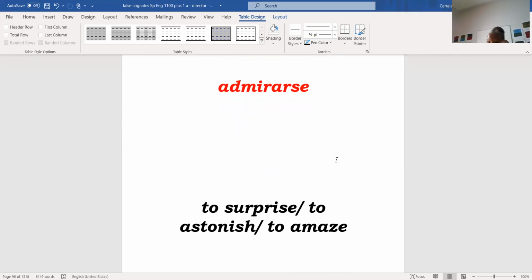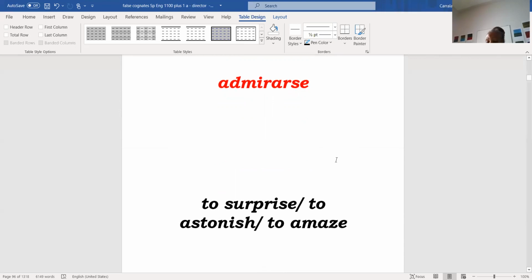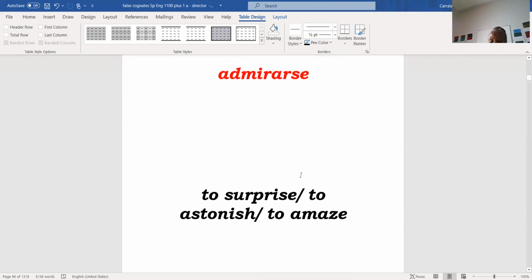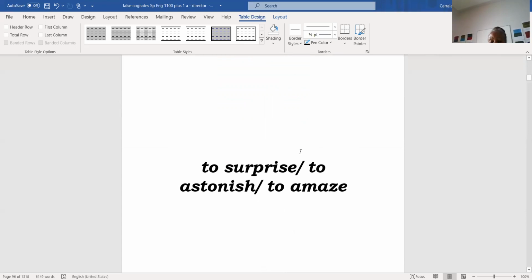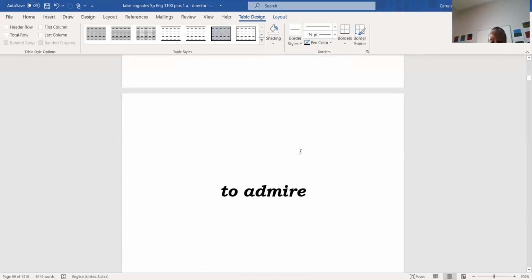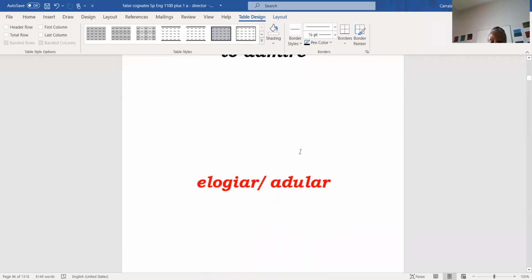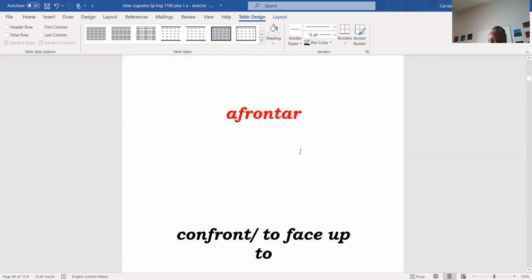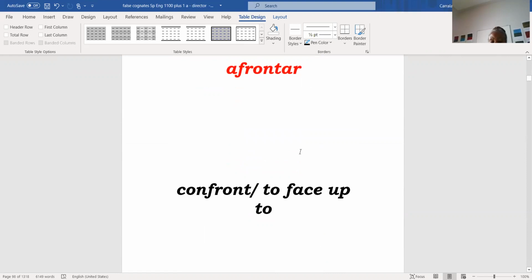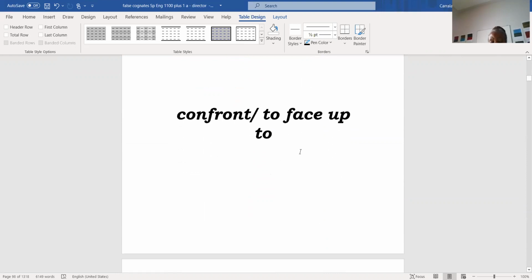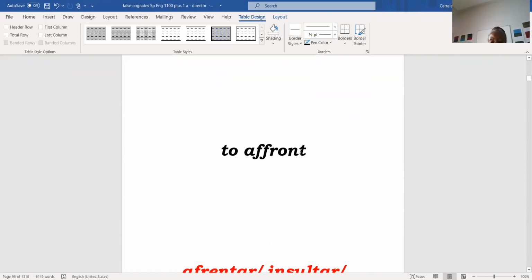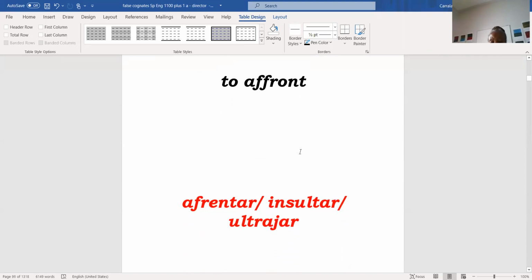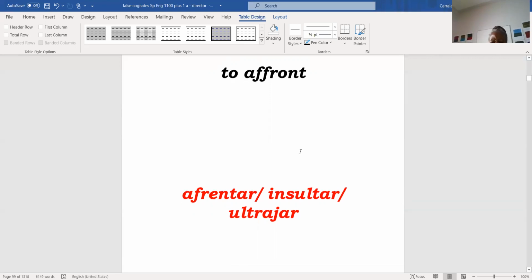No, that meaning is false as far as the cognate is concerned, because to admire means adular. Afrontar, to confront, face up to. To affront, afrentar, insultar, ultrajar. I've never used that word, ultrajar.